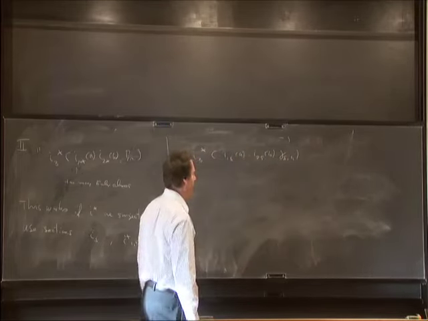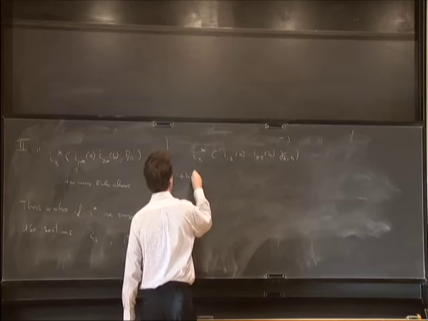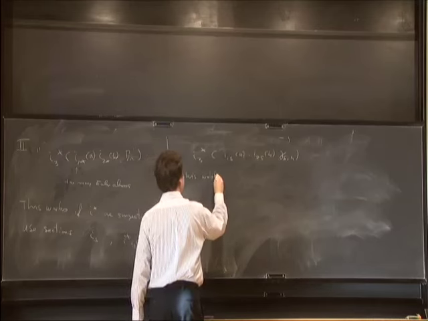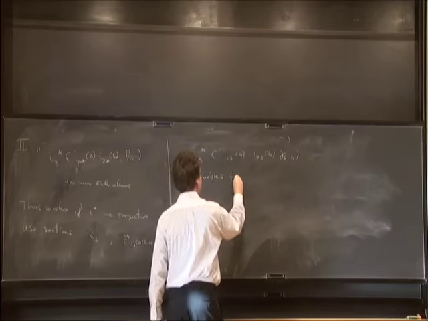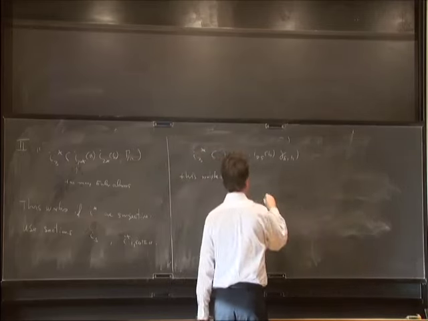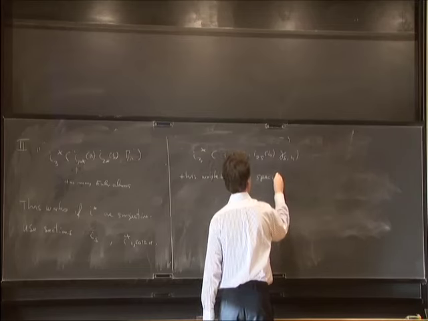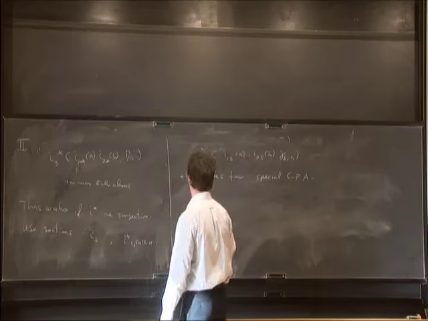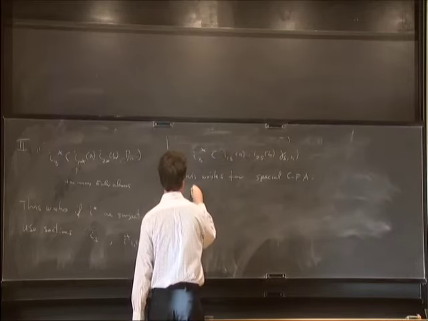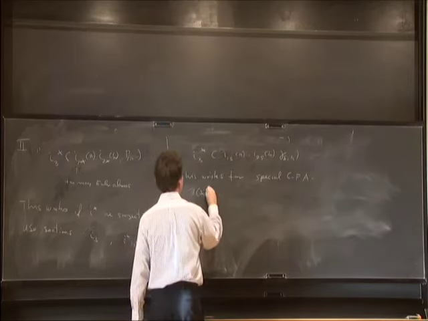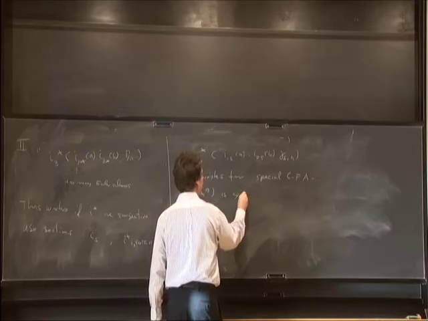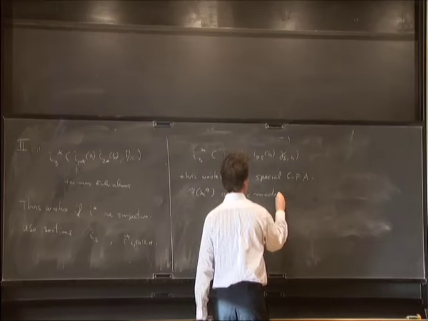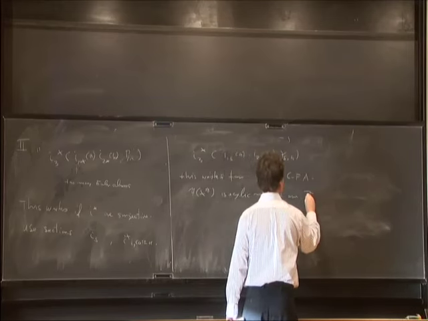And now this actually works, for what I call special G Frobenius algebras. Basically this means that f of xg is a cyclic module over f of x.